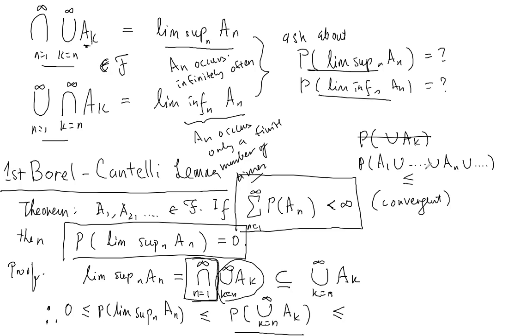Anyone want to offer a suggestion here? The probability of a union of a set of events is bounded by what?